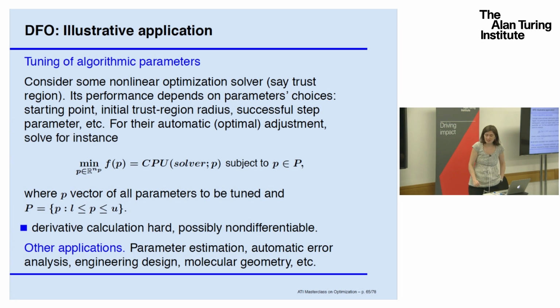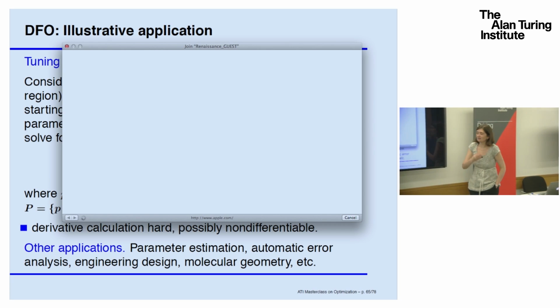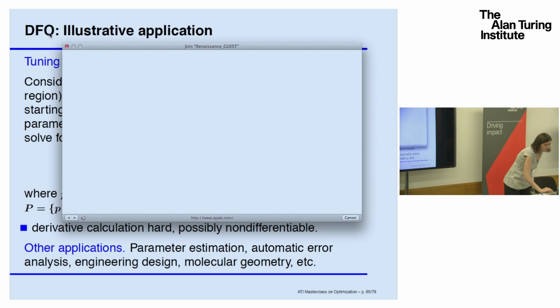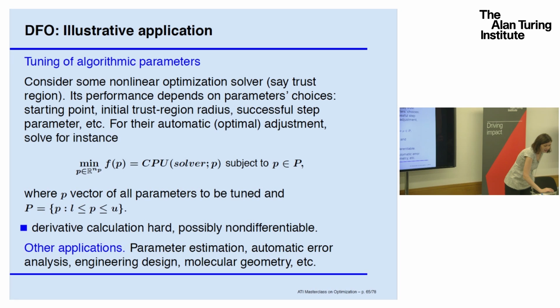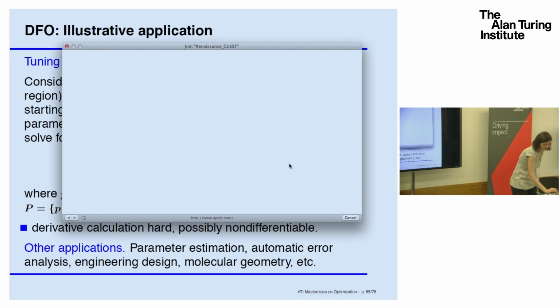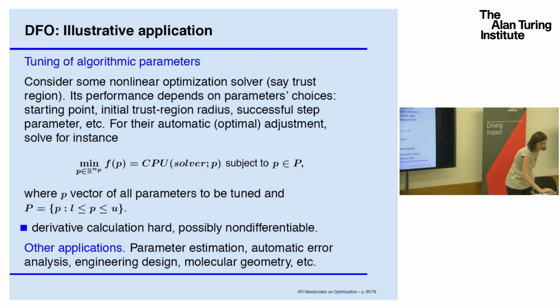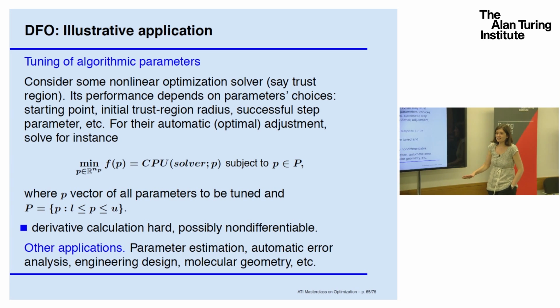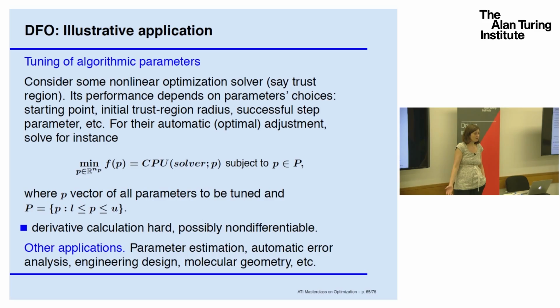An example for DFO is tuning your algorithm parameters. Some of you will encounter this with machine learning, where you will have to do hyperparameter tuning.